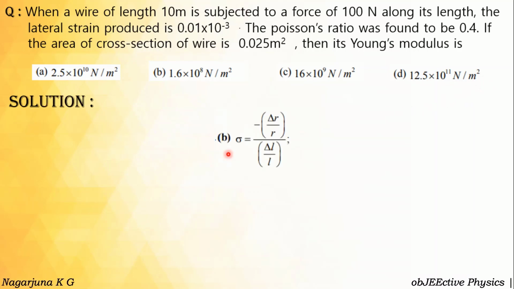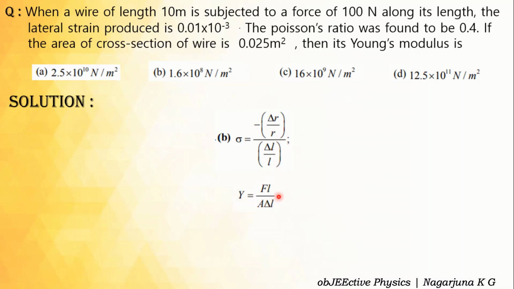Solution. Sigma is equal to minus delta R by R divided by delta L by L, this is the Poisson's ratio definition, and Y is equal to FL by A into delta L, the Young's modulus definition.